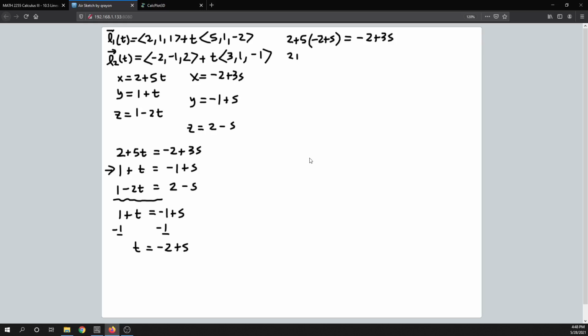So that's going to be 2 plus -10 plus 5s equals -2 plus 3s. So I get -8 plus 5s equals -2 plus 3s. And here I can keep solving.